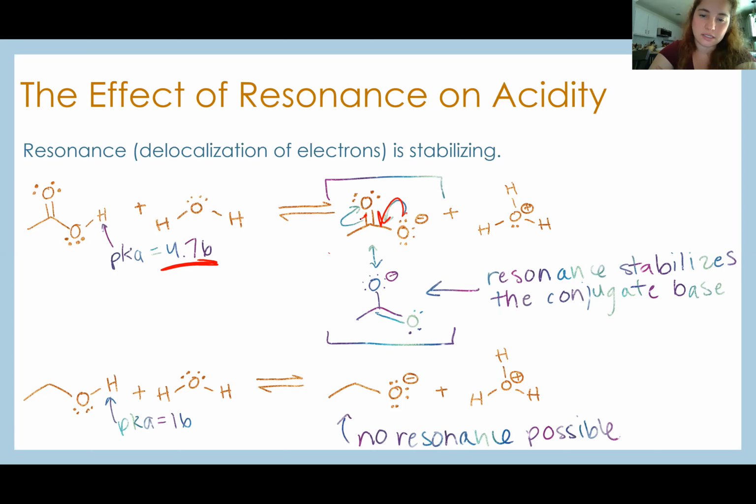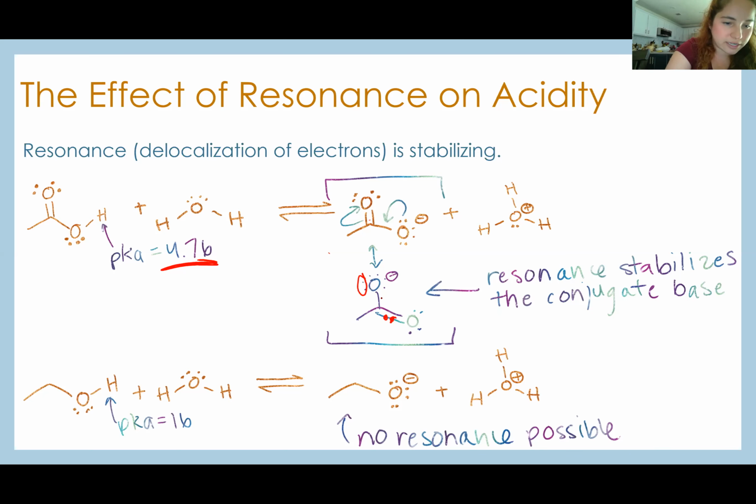We can take these pi electrons and push them up onto the oxygen. And so that's where we get that other lone pair. And then we took one of the original lone pairs and made the pi bond. So being able to stabilize that conjugate base makes carboxylic acids a little more acidic.